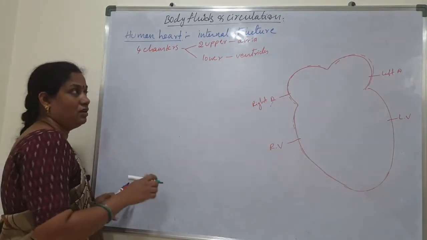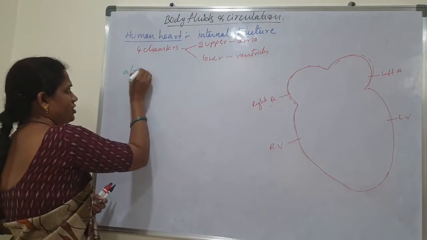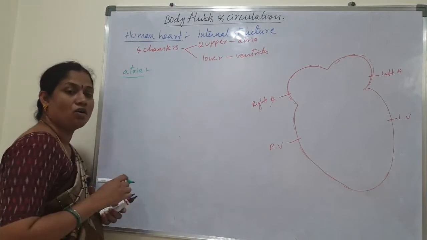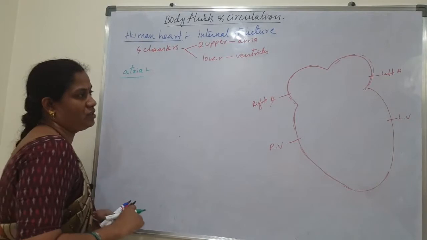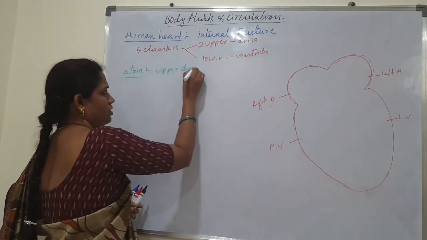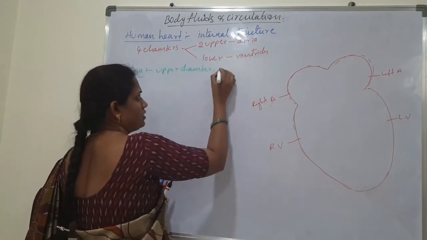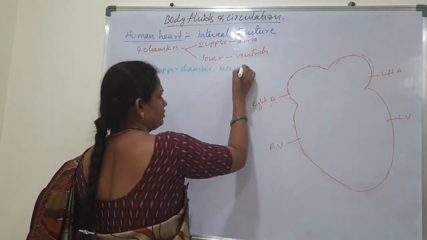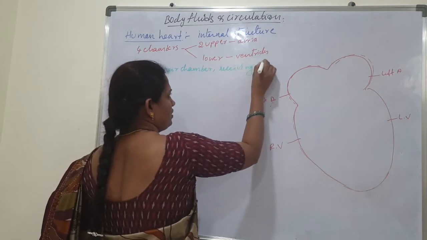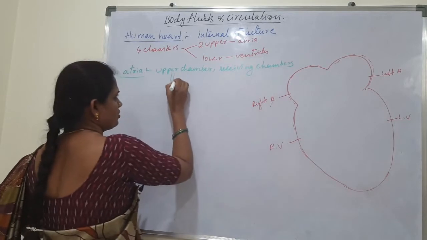First of all, I would like to tell about atria. Atria are also called auricles. The upper chambers are receiving chambers, and they are thin walled structures.